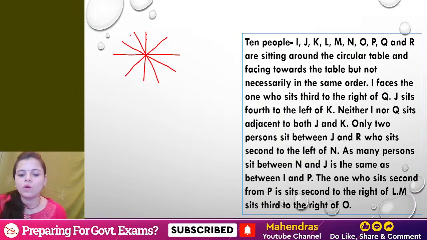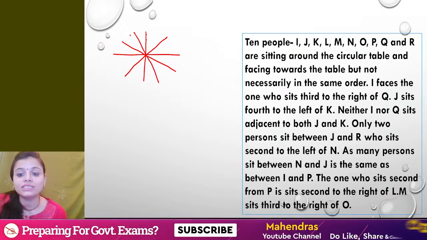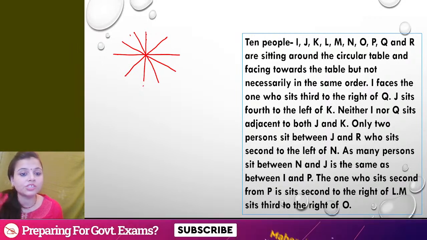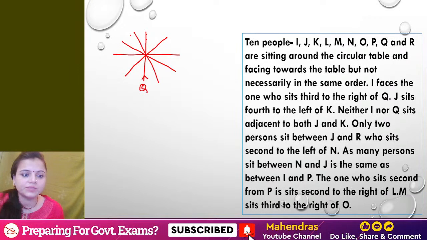So they all are facing towards the center. I faces the one who sits third to the right of Q. That means I is facing the person who is third to the right of Q. So if you put Q in this place, then third to the right: 1, 2, 3.